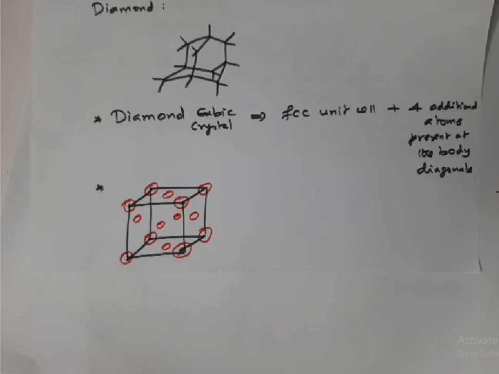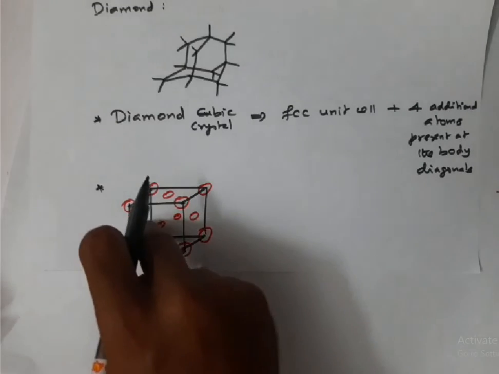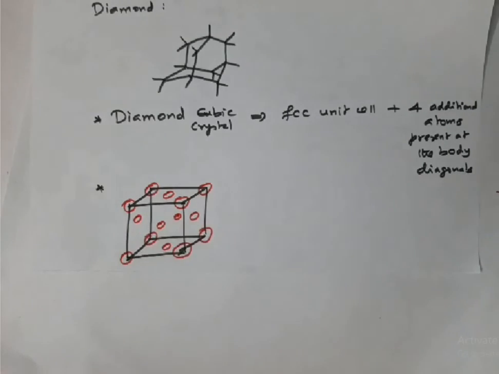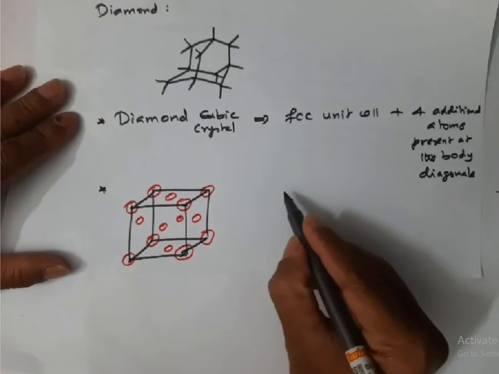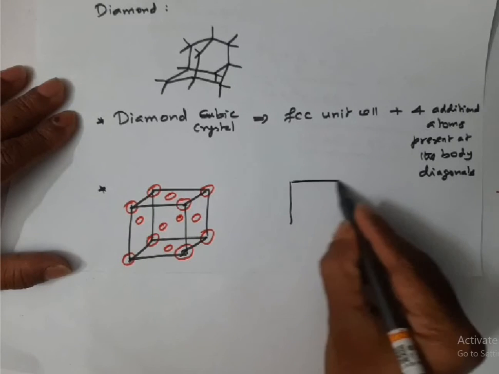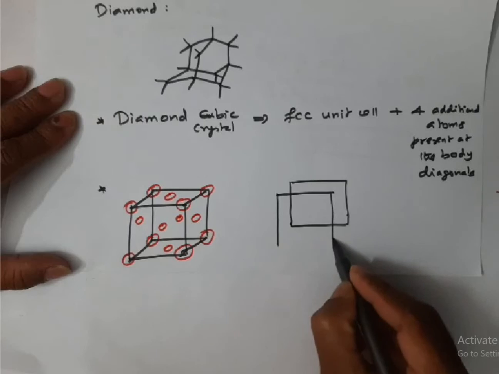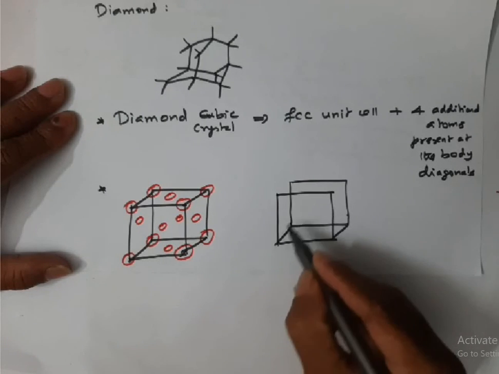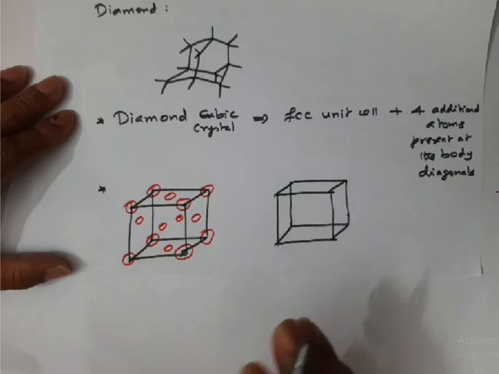Additionally, I am going to place 4 more atoms in this unit cell. Let me separately show you how I am going to place the 4 atoms, then I'll include those in this unit cell. In the diamond cubic unit cell, now I'm going to draw a body diagonal.